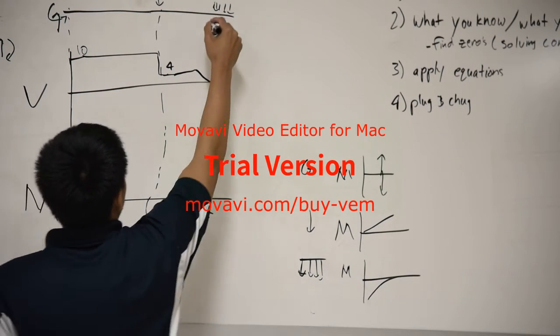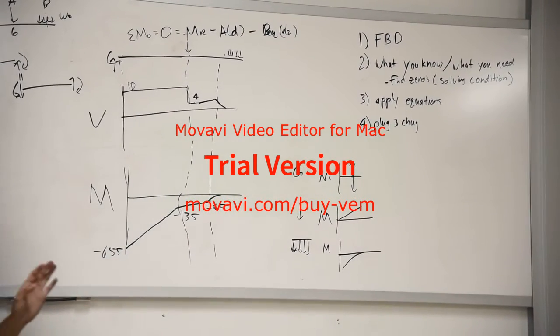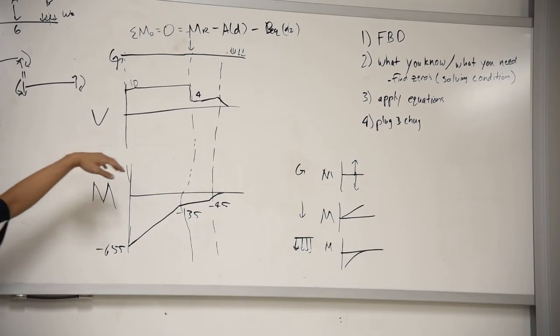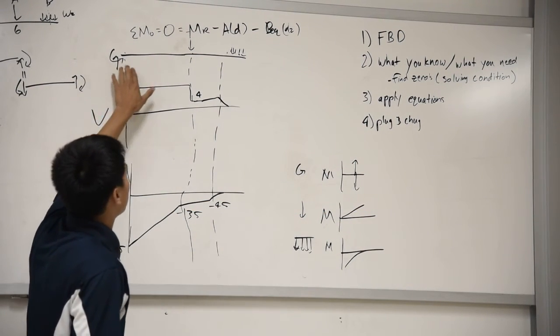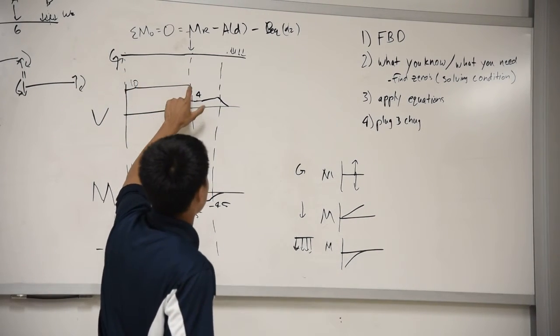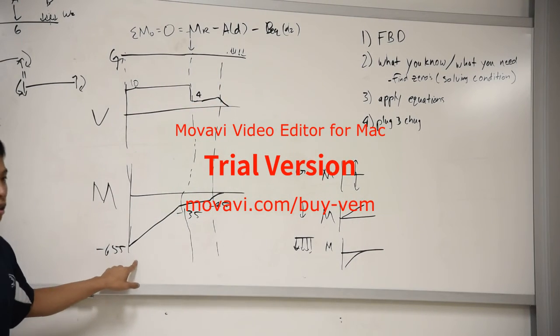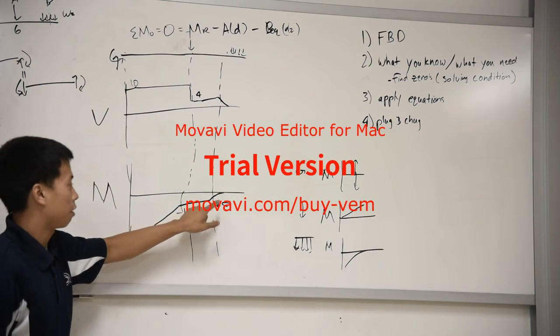That's lined up. I should have thought of this better. But you line it all up, okay? If you line it all up and you just look at the free body diagram, you're like, okay, the shear's got to be 10 all the way up until it hits this arrow. That's when I'll drop it down to 4, and then it decays. And the same thing here. It would be the same slope up until you hit that force, and then it would change again here.